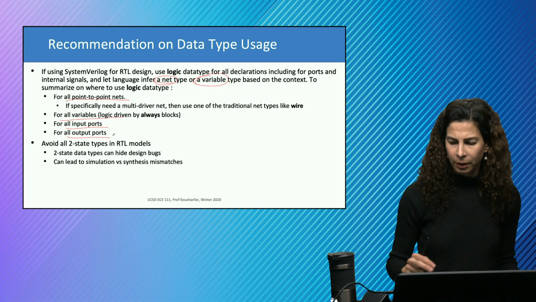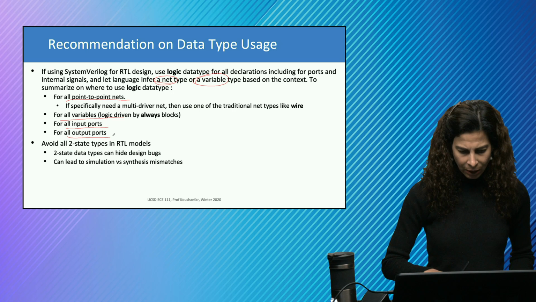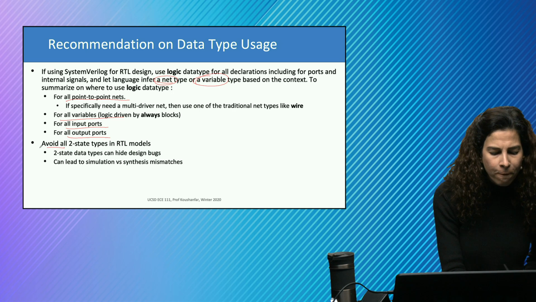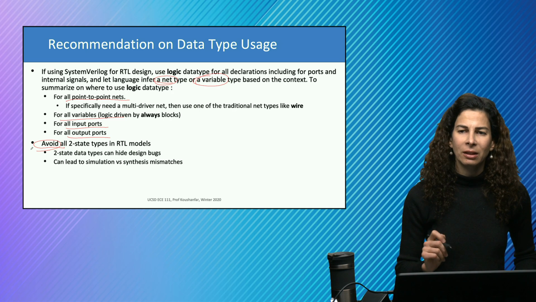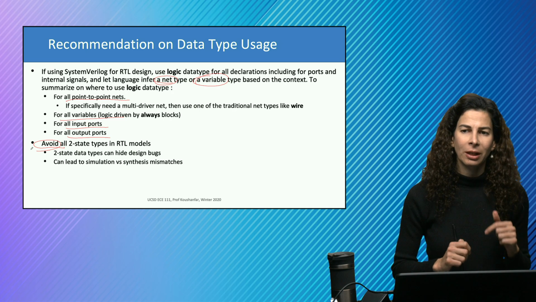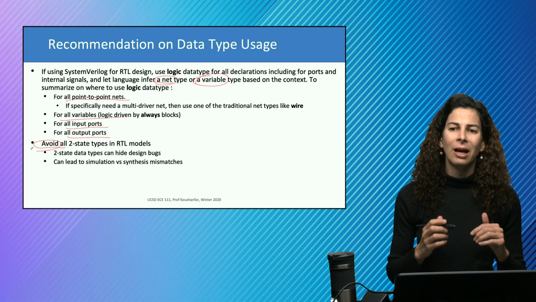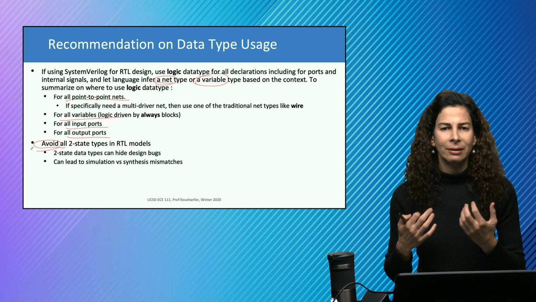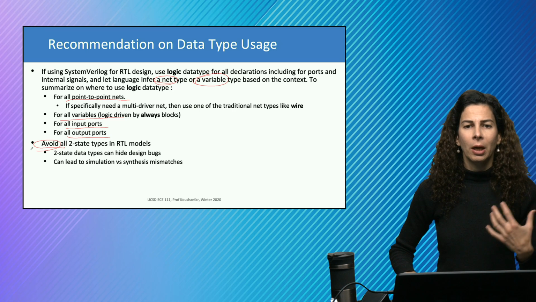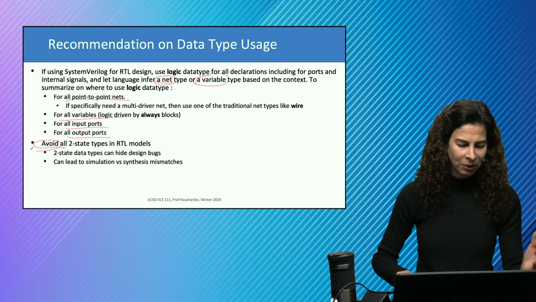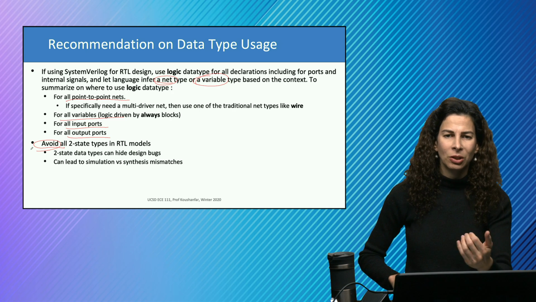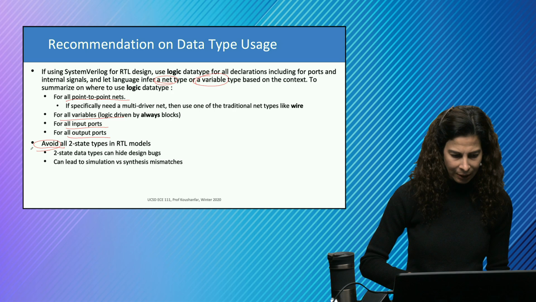nowadays. If you're writing an RTL model, avoid the 2-state data type, because if you define the 2-state data type, there is a difference in how simulation and synthesis are going to interpret that, and that could lead to design bugs because we typically do both simulation and synthesis when we do real design.